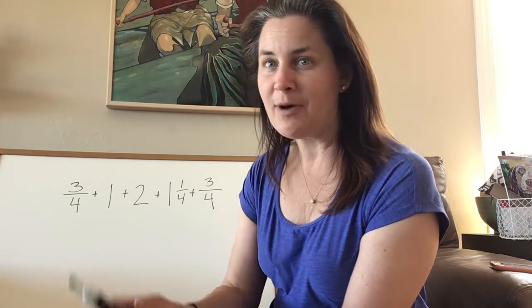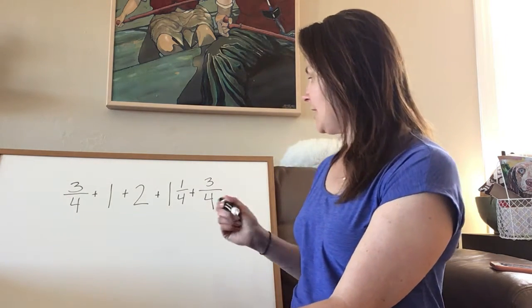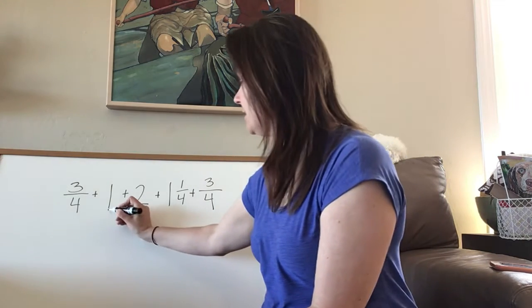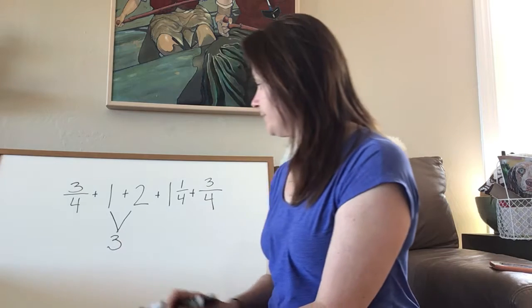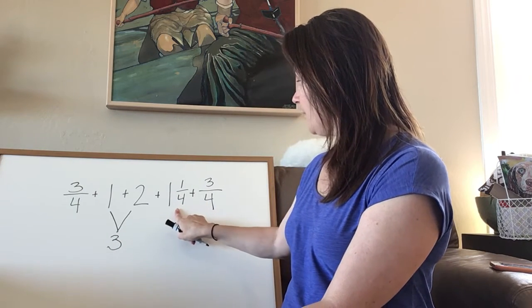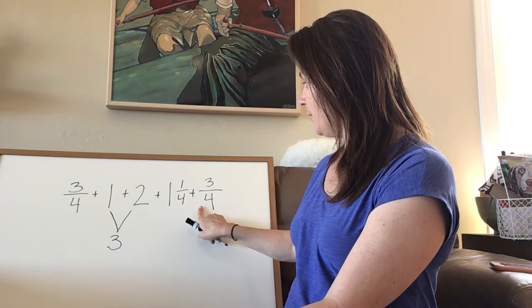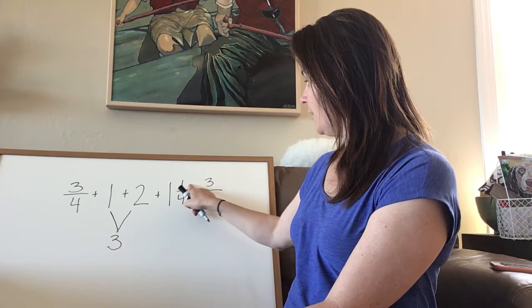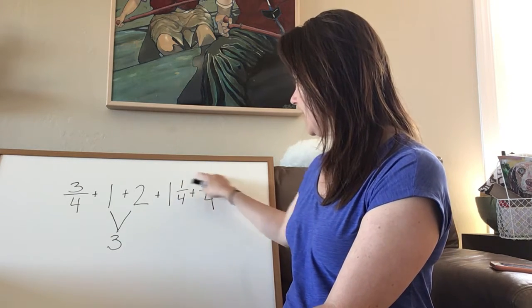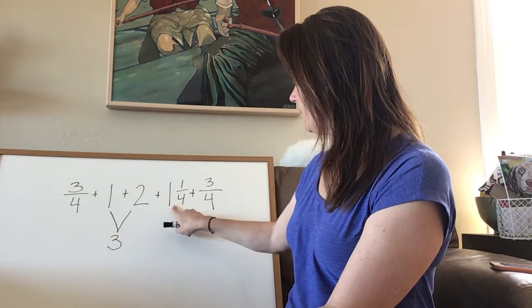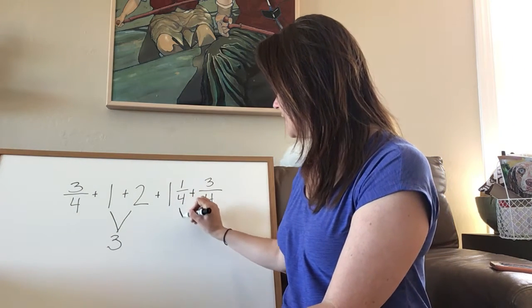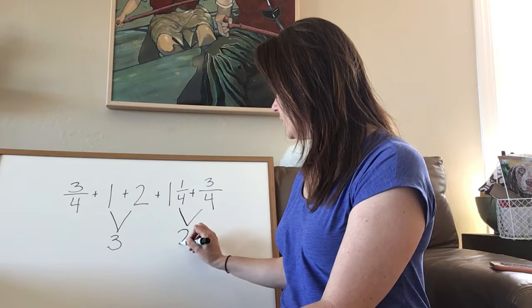Okay, I'm going to assume you paused it. The strategy I would use is to add this 1 and this 2 to get 3. Then 1 1/4 and 3/4: 4/4 would be these two added together, and 4/4 is a whole, so that makes 2 wholes.